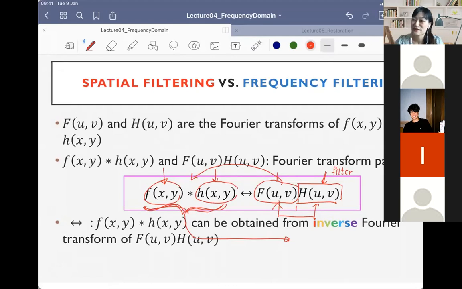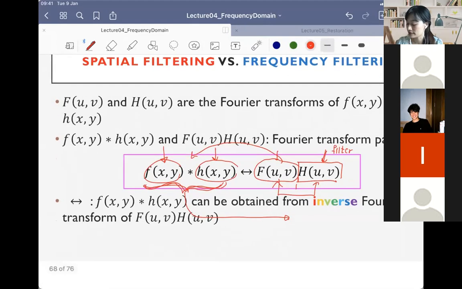But when we are doing frequency filtering, usually we get an image and then we transform it using the Fourier transform. So we get a capital F(u,v), right?